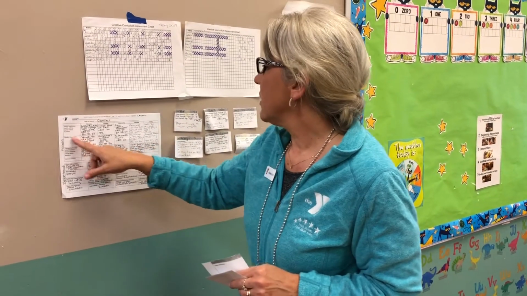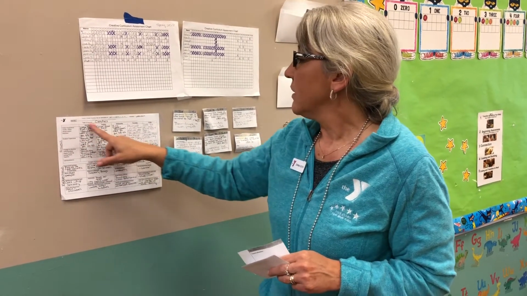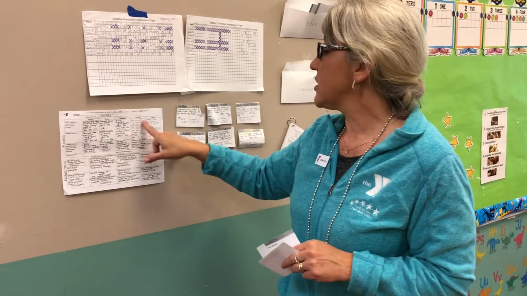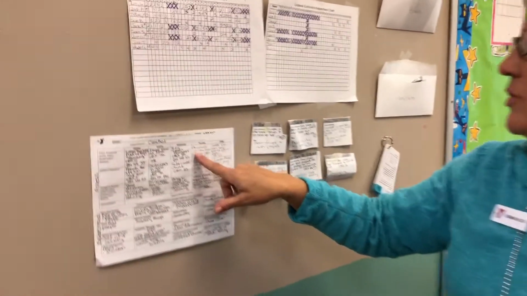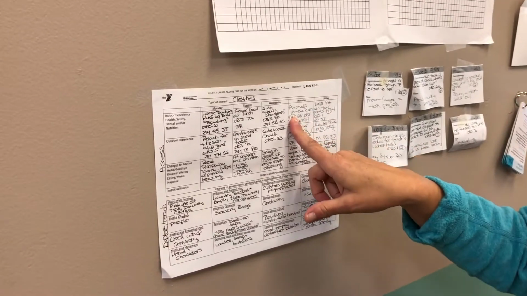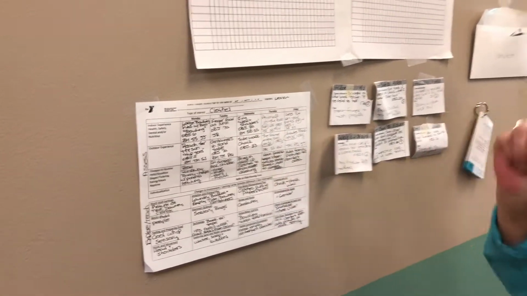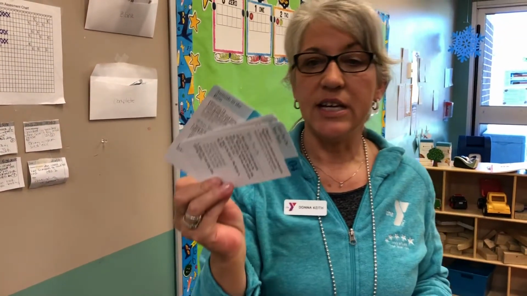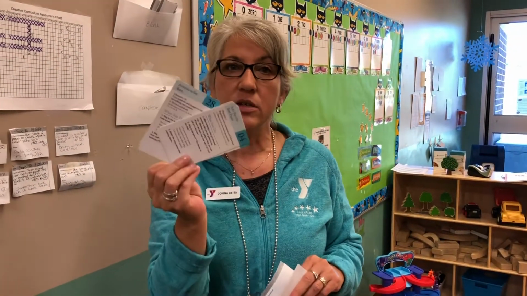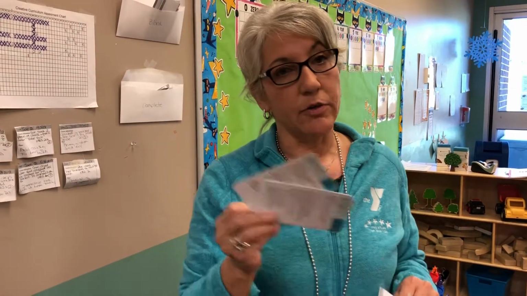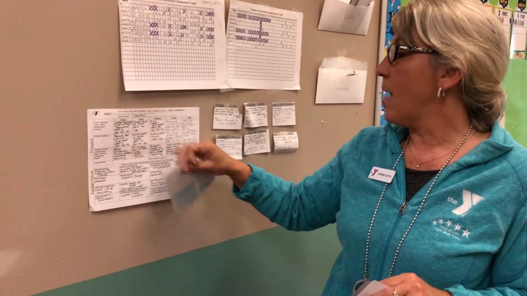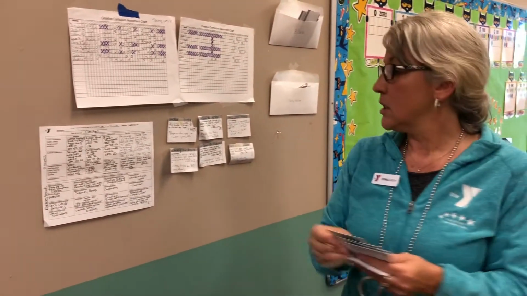So to give you an example, let's say on this particular lesson plan, it says Thursday, we're going to do animals in the barn, and it has an MM next to it. That means that it's a Mighty Minute. Most infant-toddler teachers can plan their whole lesson plan just using Mighty Minutes. This comes from our curriculum, the Creative Curriculum. So it says on Thursday, we're going to do Mighty Minute number 28.